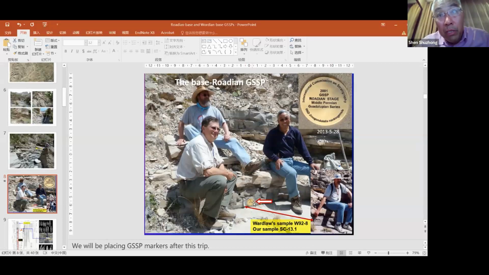So we all believe that this is a very good section, and the point is very clear. There is a very distinct aluminum tag here, and Bruce actually pointed out in the early time exactly the same tag. This is Bruce's water sample W92-8. After we put the golden spike on the GSSP, Charles, Lance, and I collected a detailed set of conodont samples from that section.